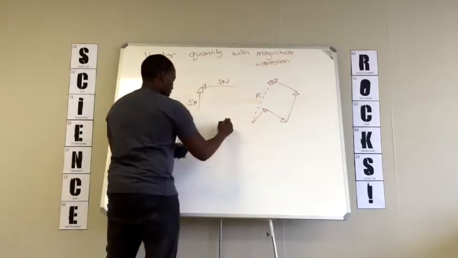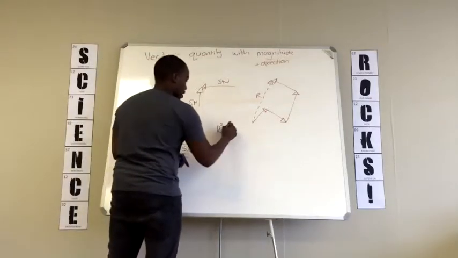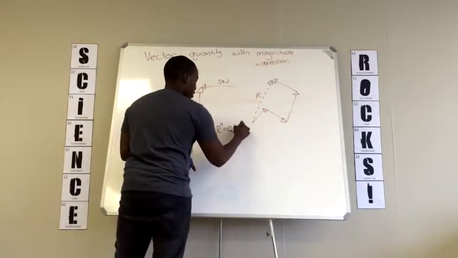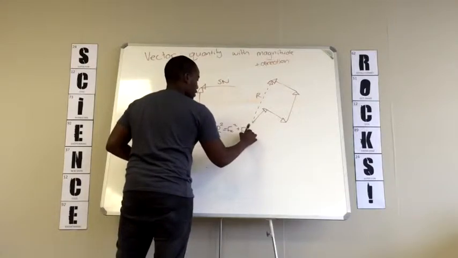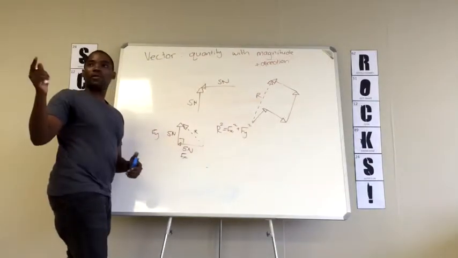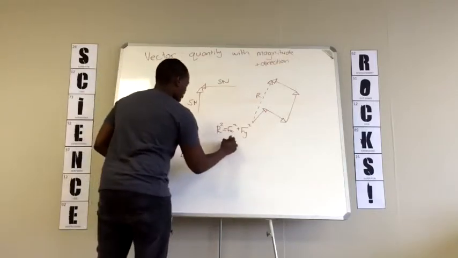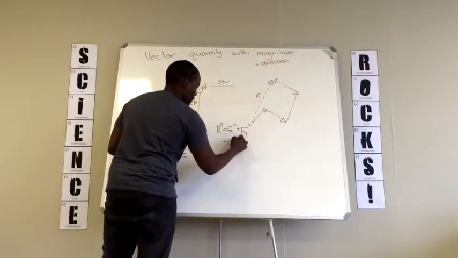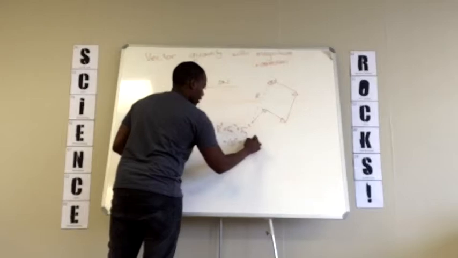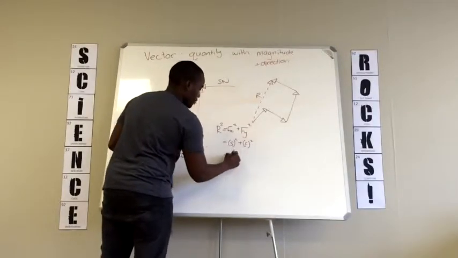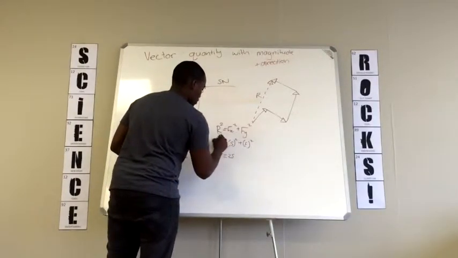Cool. Pythag, then my hypotenuse or my resultant squared is equal to my Fx squared plus my Fy squared. Everyone happy? Okay. Then substitute, I'm going to end up with 5 squared plus 5 squared, and that's going to give me 25 plus 25, that's still R squared.